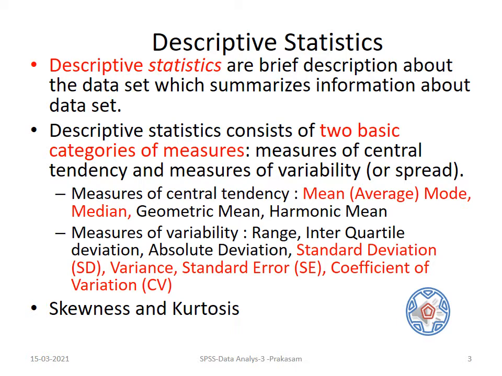Further, to discuss the data set, skewness and kurtosis and other methods are also available in descriptive statistics. We will come across the measures of central tendency, the statistical formulas, and how to use SPSS to analyze the questionnaire designed by the researcher under My Survey. We will also find the measures of variability and give a short interpretation.